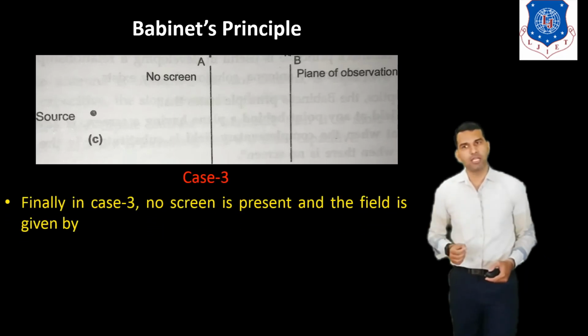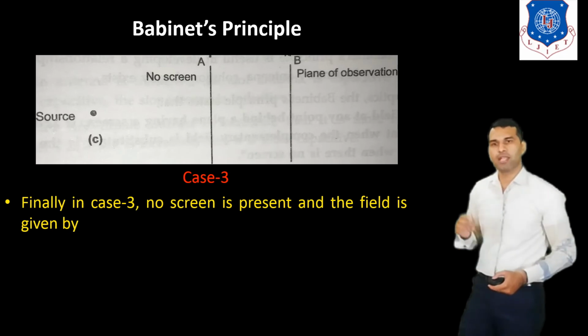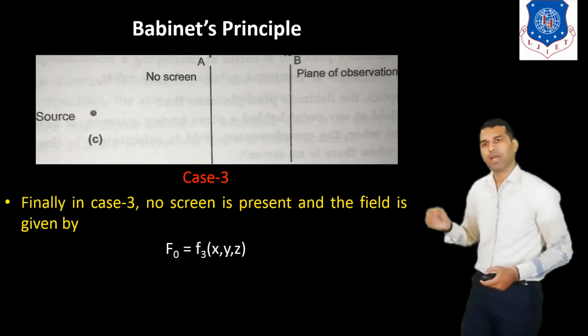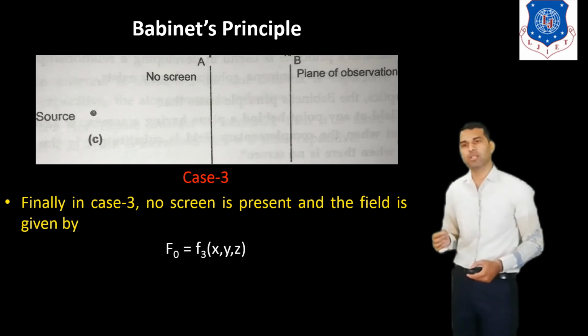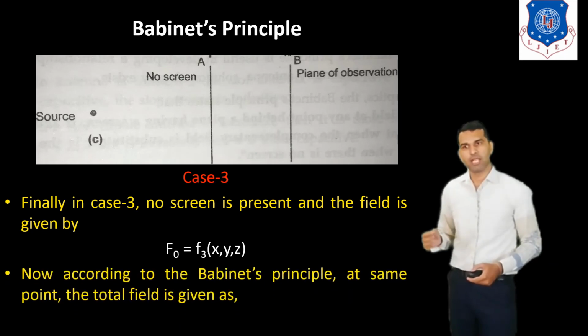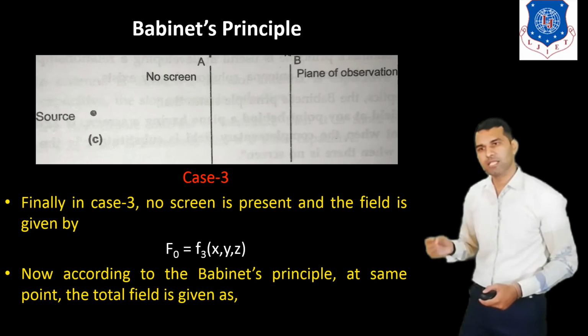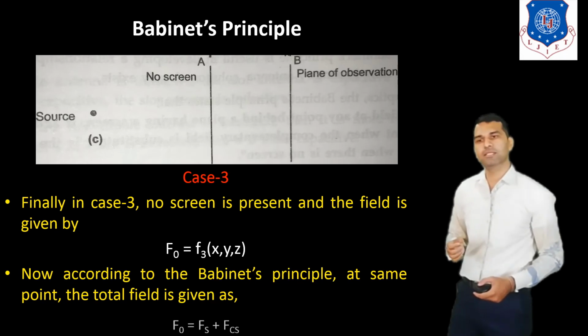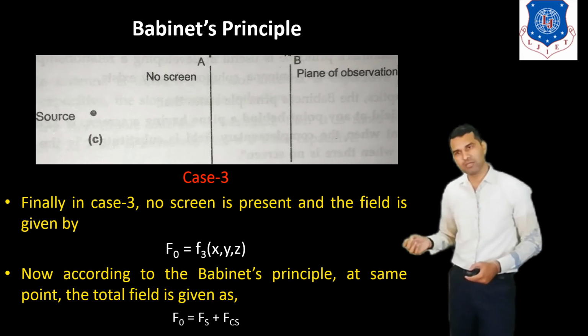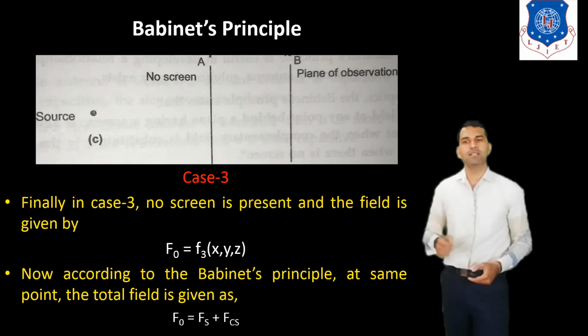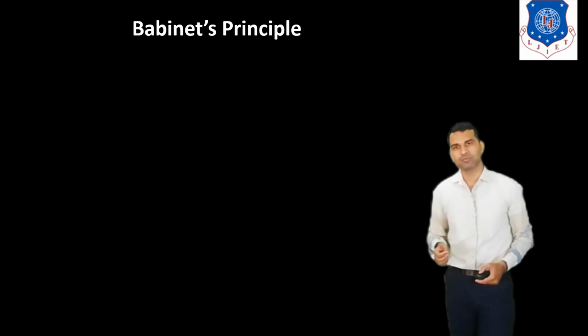Finally, in case 3, no screen is present and the field is given by F0 is equal to f3(x, y, z). That means according to the Babinet principle, at the same point the total field is F0 is equal to Fs plus FCS.